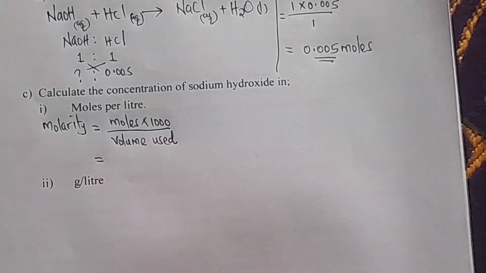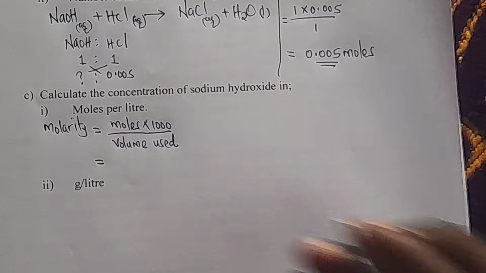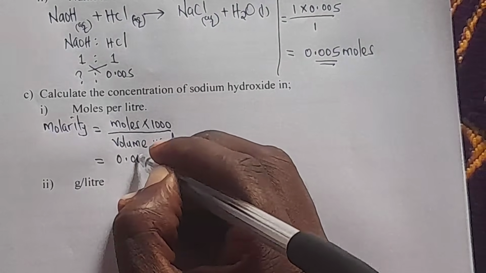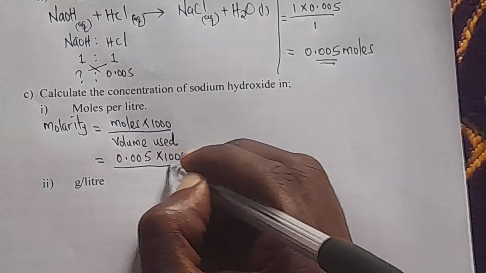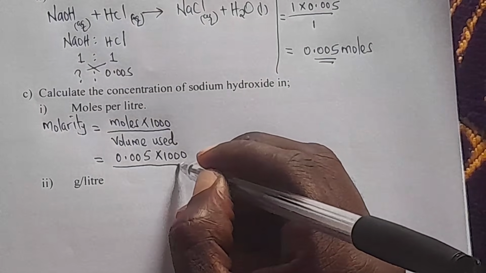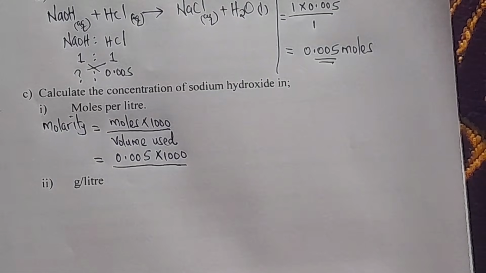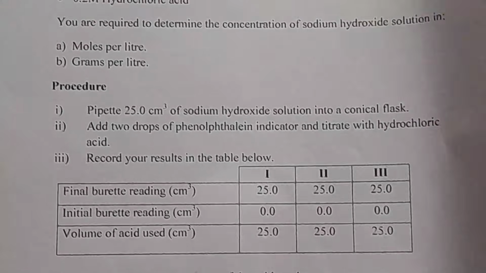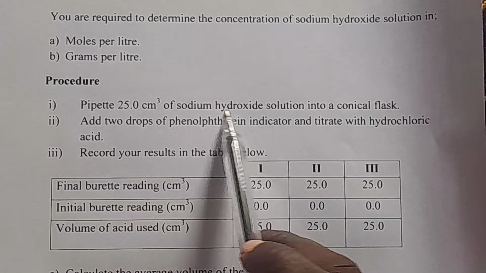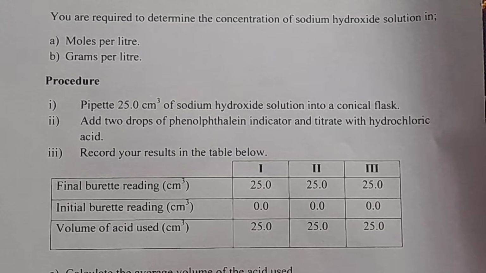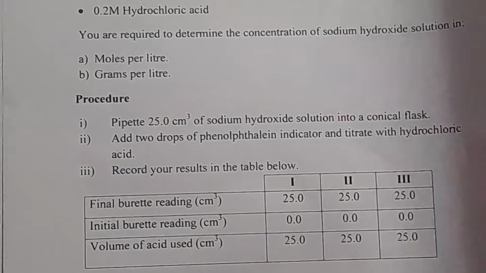To put this in, the number of moles of sodium hydroxide is 0.005 multiplied by 1000 divided by the volume of sodium hydroxide, which we are given in the procedure. We are told to place 25.0 centimeter cube of sodium hydroxide solution into a conical flask. So that means the volume is 25.